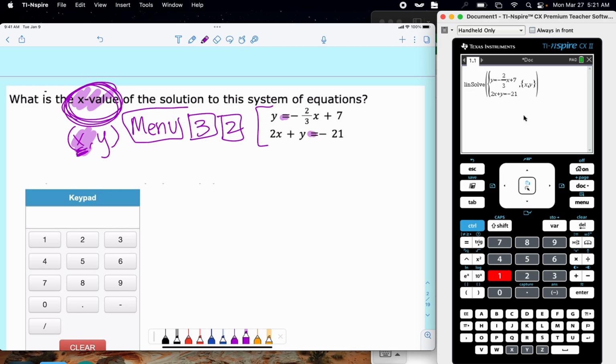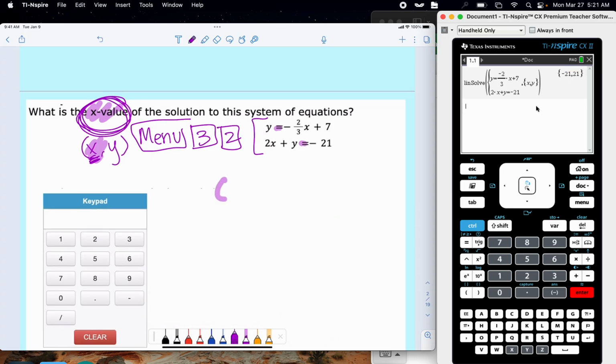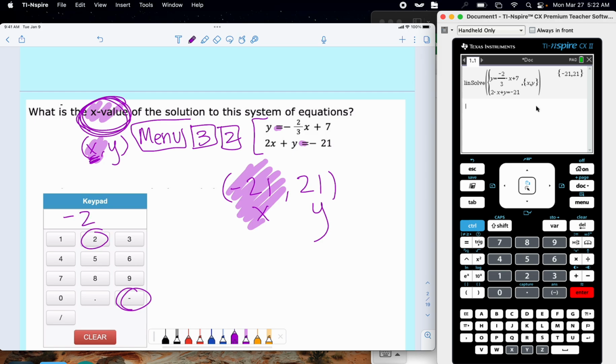Double check your equations and then press enter. And this is your answer: negative 21 comma 21. And remember, we're looking for our x value, so we're looking for this negative 21. So we're going to put negative 21. That is your answer.